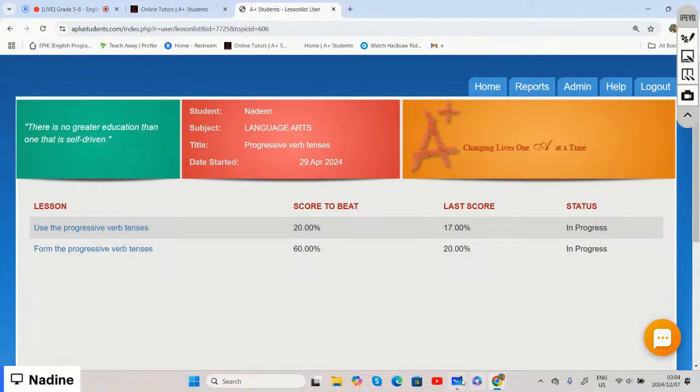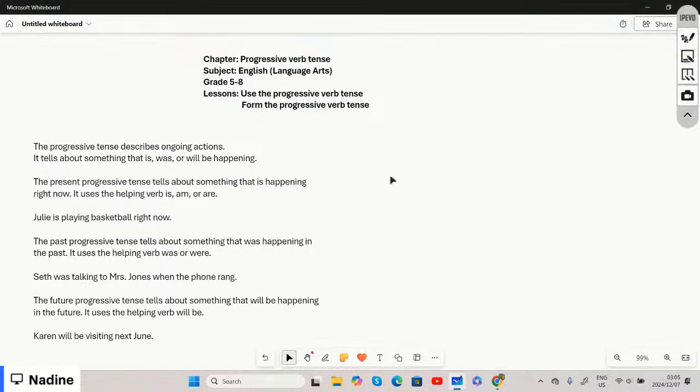So we said our chapter is progressive verb tense. Our subject is English language arts. We're doing grade 5 to 8.